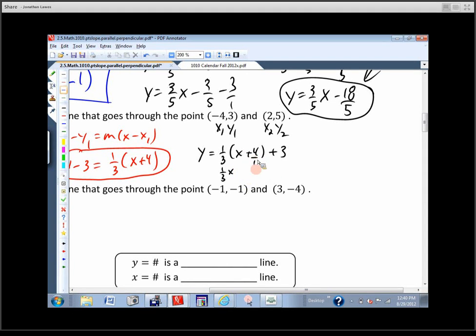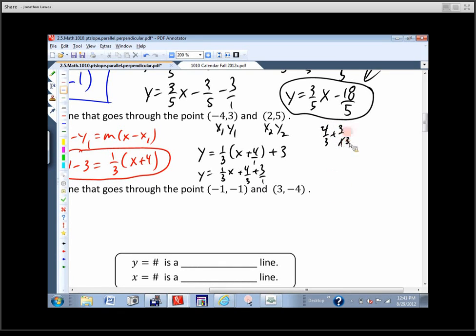What is 1/3 times 4? 1/3 times 4 over 1. When you multiply fractions, you multiply the numerators together, 1 times 4. Multiply the denominators together. 4/3 plus 3. So we're almost done. We like the 1/3 x. We need to put these guys together, which means we need to get a common denominator.